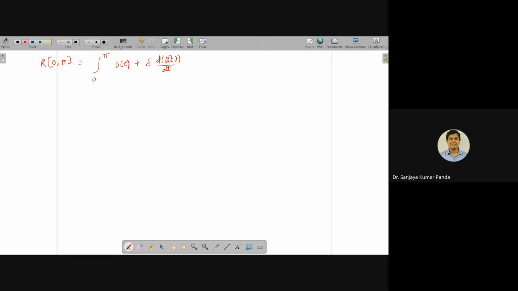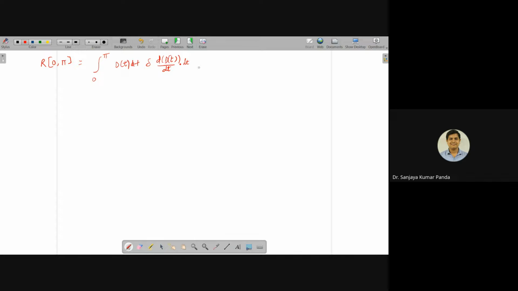What I did, this is my observation period, like 24 hours can be considered as an observation period. So you have to calculate 0 to pi of D(t), and delta times d(D(t))/dt. As we are putting an integration, obviously you will multiply by dt here, because you are integrating with respect to t.